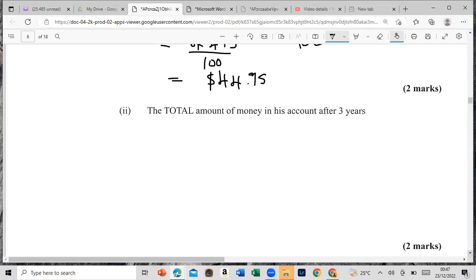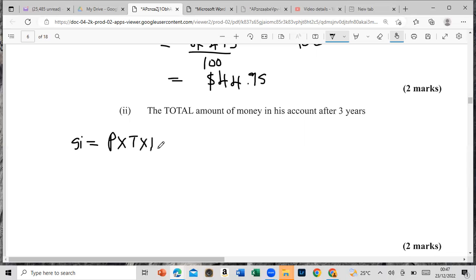He said the total amount of money in his account after 3 years. So we're going to assume the same rate and everything, the same money. What's the figure again?